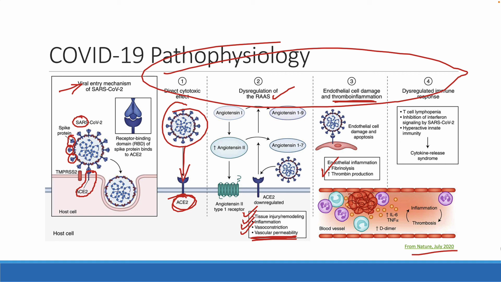They do better than if we don't. And then there's also this dysregulated immune response, which happens because of this cytokine storm, right? We've been talking about these darn cytokines, and this is a big part of why COVID-19 is such a terrible illness in certain patients, because they have this cytokine storm that we can't recover from.